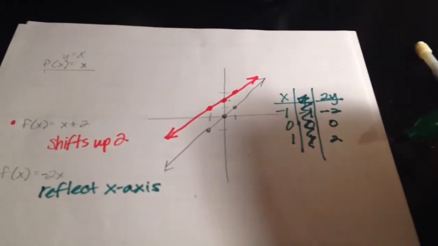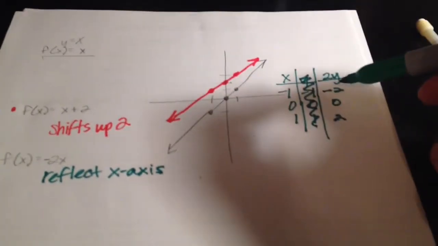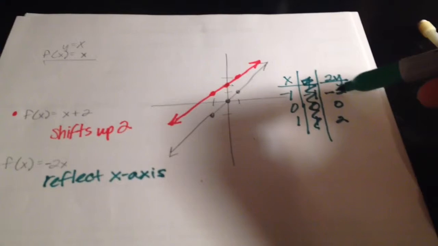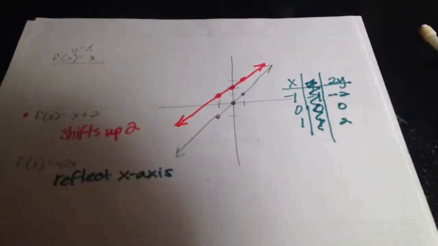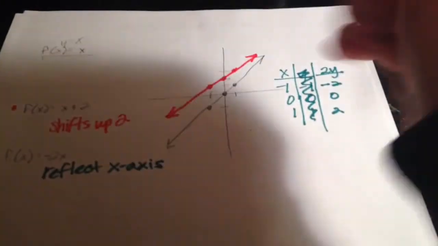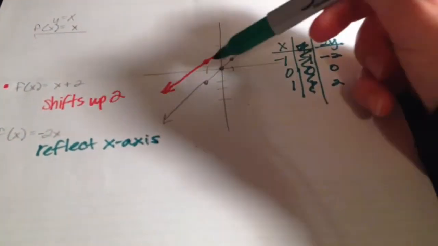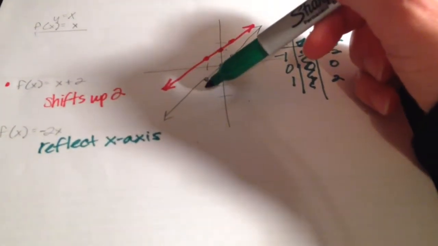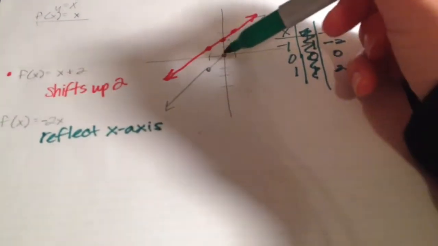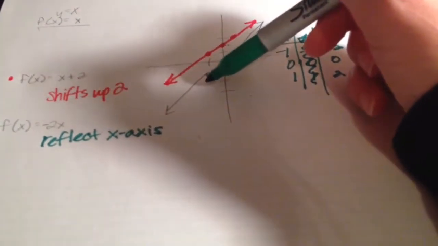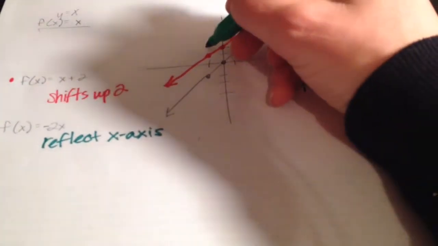Now remember, we've got to do 2 things here, so this makes it a little tricky. We have to go to -1, -2, but we also have to reflect over the x-axis. So let me put some more points in here. Here's -1, -2. But then I have to flip this over the x-axis. If I was at -1, -2, flipped it would be -1, 2.